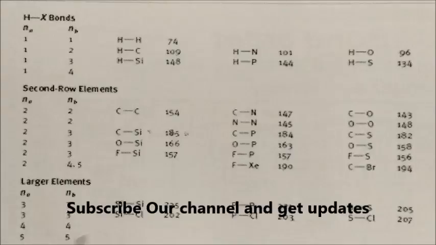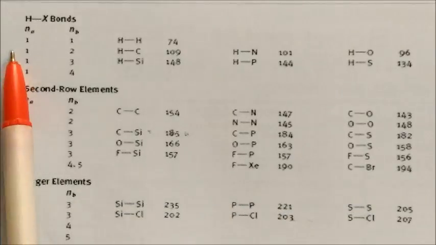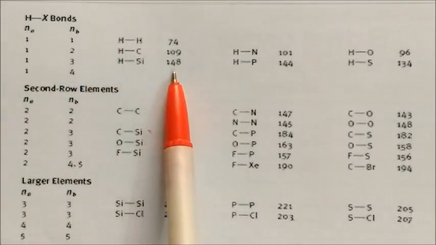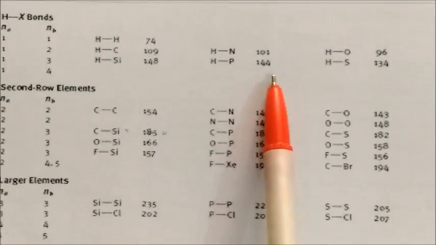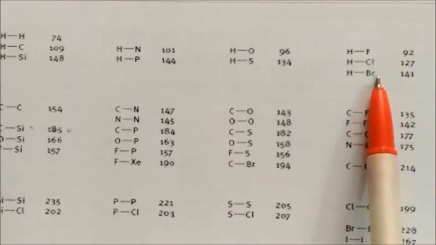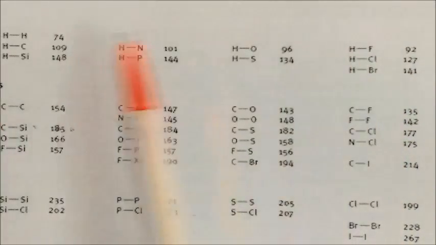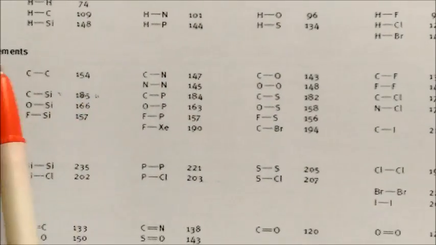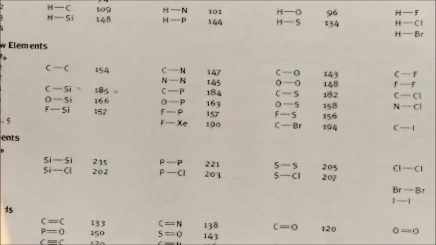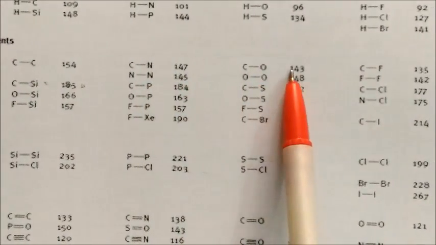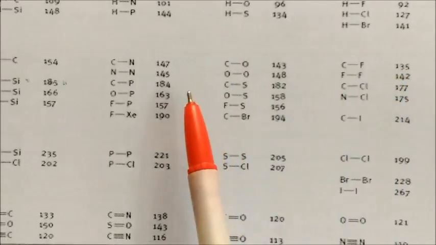Here you can see the bond lengths in the table. This is the first period: the H-H bond, then the second period. You can see 74, 109, all in picometer. This is H-N, H-O, H-F, H-Cl, the first row of elements with hydrogen. In the second row you can see carbon, nitrogen, carbon-oxygen, carbon-fluorine, all these structures.